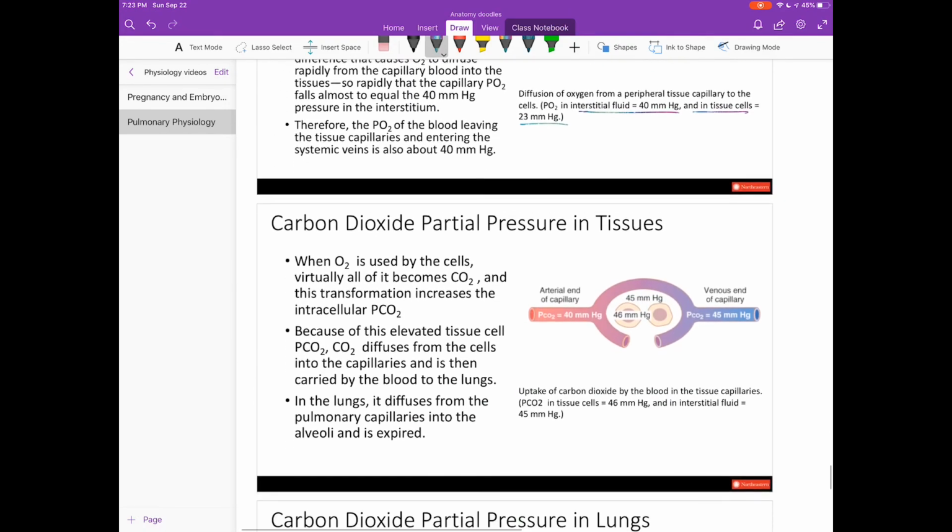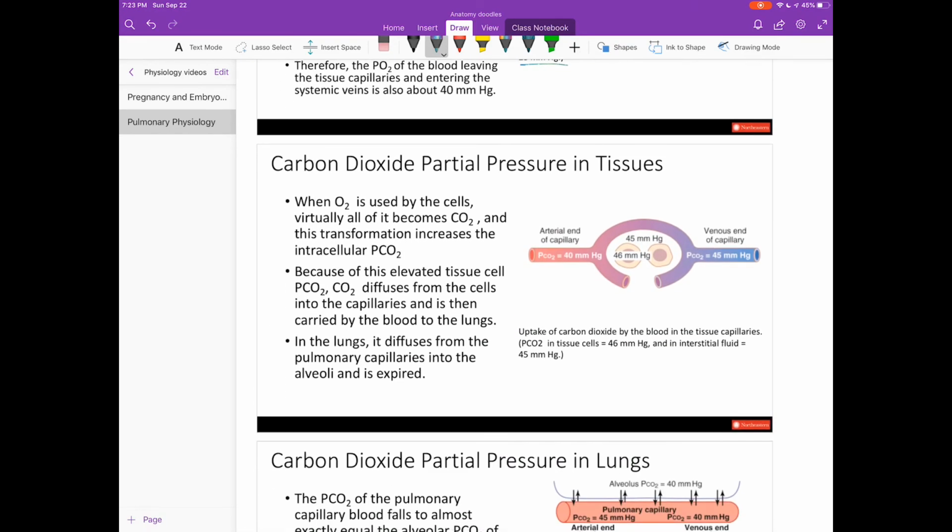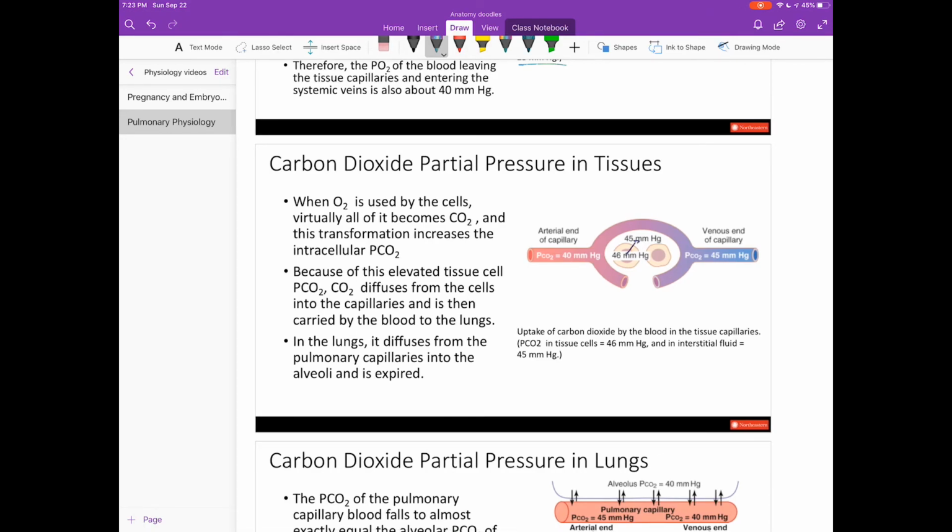Okay. Now let's talk about carbon dioxide. So carbon dioxide is being produced by the cells, and carbon dioxide is going to want to diffuse from the cells to the interstitium to the capillaries. Now, the elevated tissue cell partial pressure of carbon dioxide diffuses very easily, even though the difference in the partial pressures is very, very small.